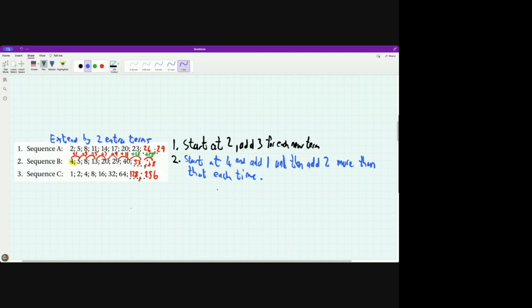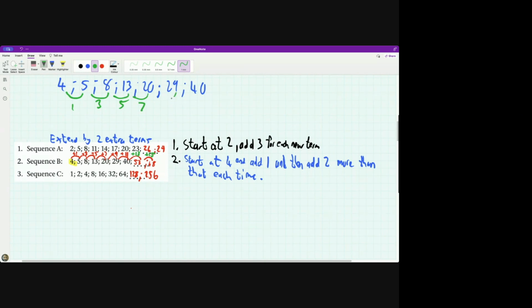Now, there's something else that's quite important for B. There's something called, in fact, let me do it separately up here. So I'm going to say 4, 5, 8, 13, 20, 29, 40. If I look at the difference between these terms, this is called the first difference, okay?